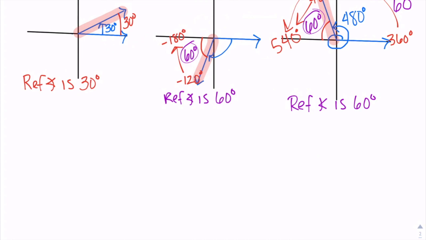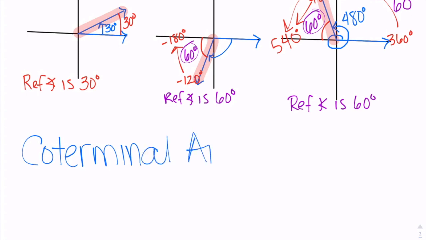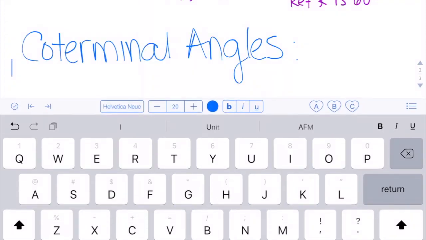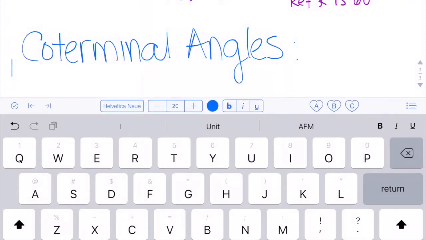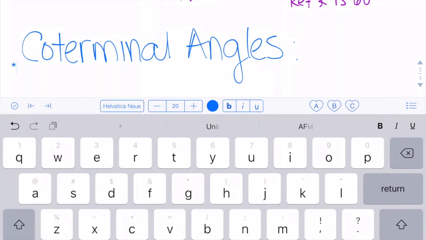And then the last piece we're going to talk about with angles today is coterminal angles. There are some notes you want to take about them. Coterminal angles are two angles with the same initial and terminal sides.